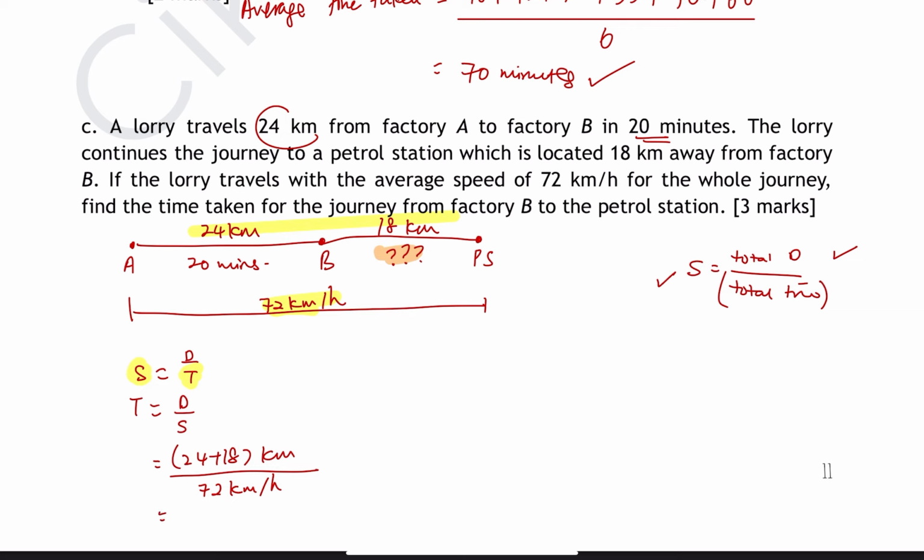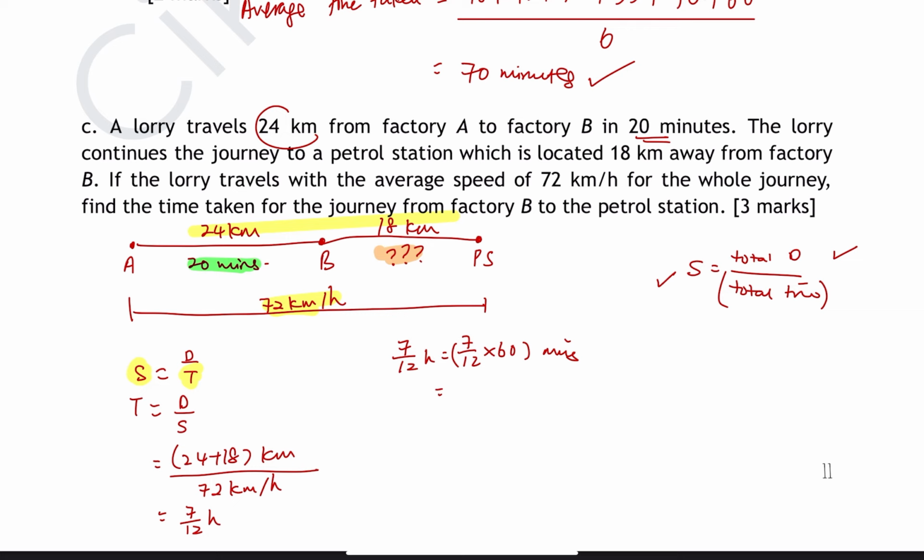And you just press your calculator over here, right? You have 24 plus 18 over 72. This is 7 over 12 hour. And from hour, you can just change to minutes, because from A to B, you are having 20 minutes here. So 7 over 12 hour, you can just change to minutes by multiplying by 60.